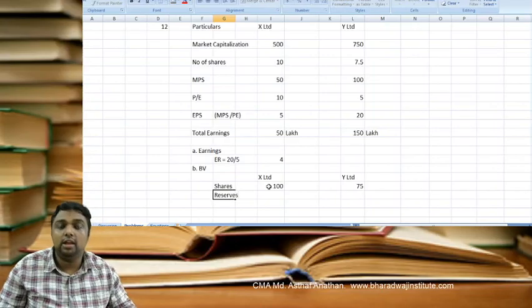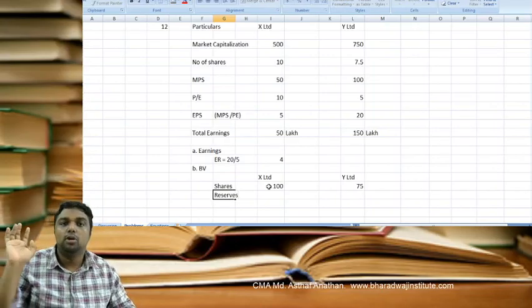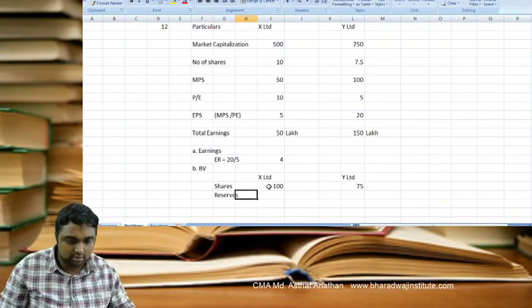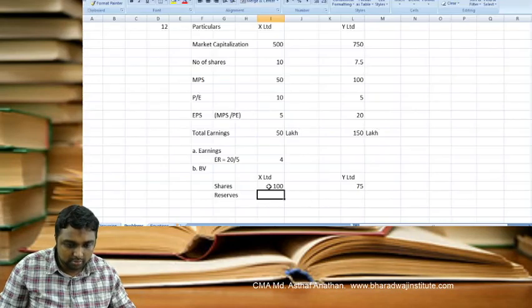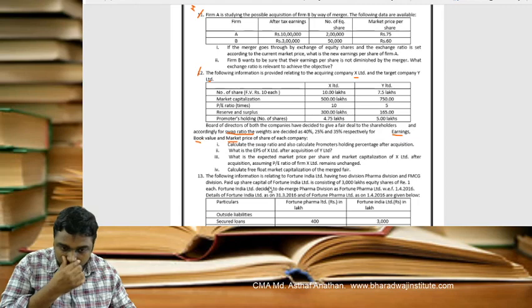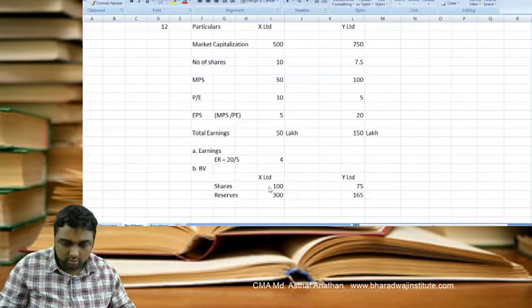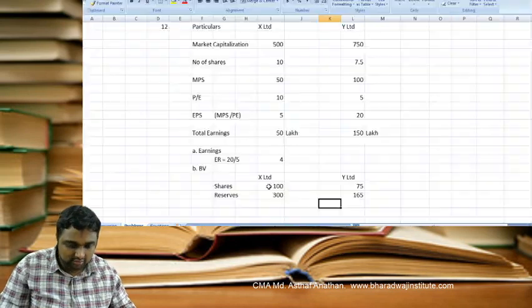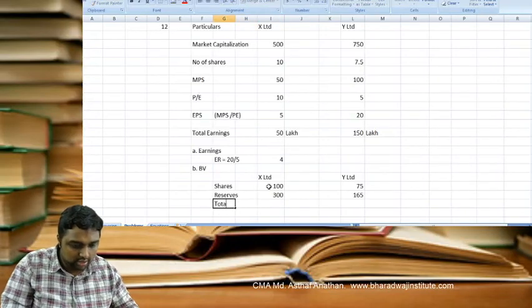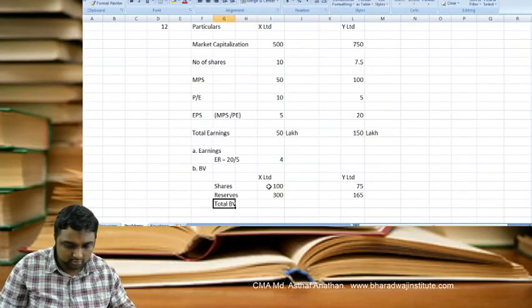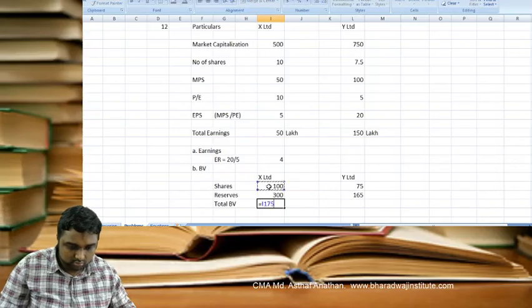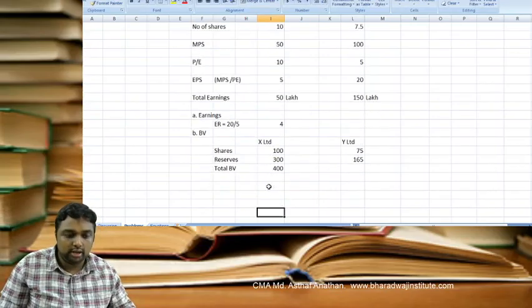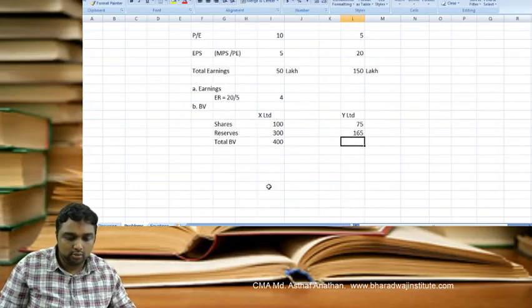What is the reserve? Book value is equal to equity plus reserve. So what is the reserve? 300 lakh. Here what is the reserve? 165 lakh. So what is the total book value? We have to add both the items. Now what is the book value per share?